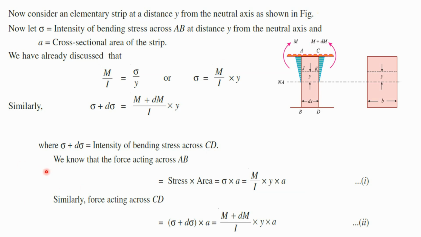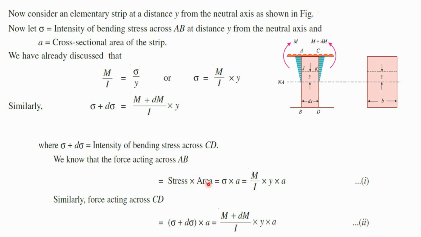Then we know that for the force acting across AB, as we have a stress, stress is equal to force upon area. So if you want to find out the respective force, then the respective force is equal to stress into area.